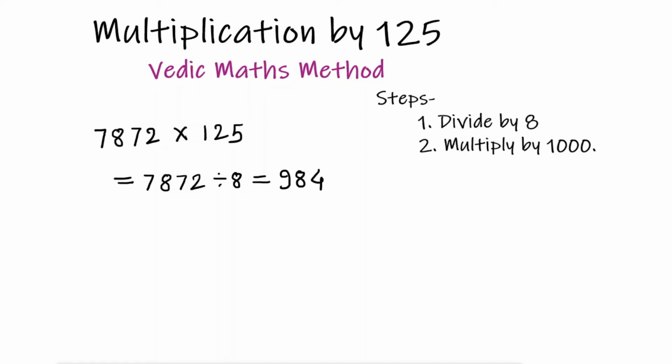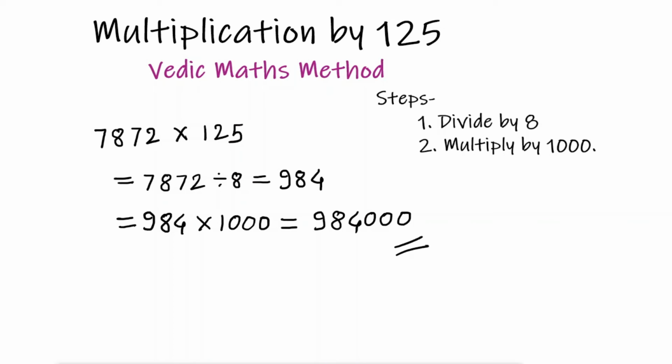You can see here there is no decimal point, so it's very easy to multiply by 1000. Multiply 984 by 1000. This is our second step. So what is the answer? It's simply 984 and you have to put 3 zeros. 1, 2, 3. And this is your final answer.